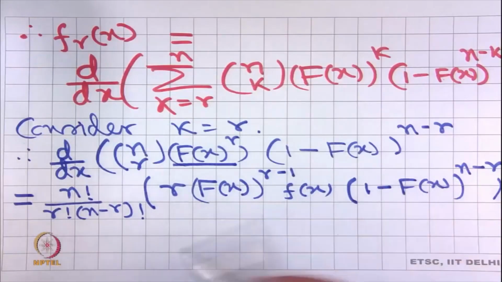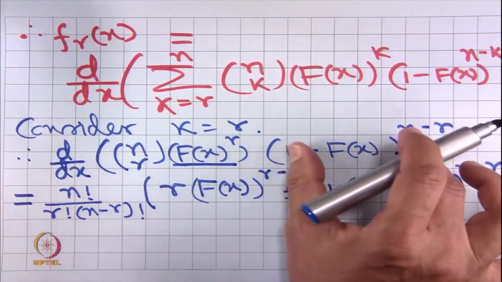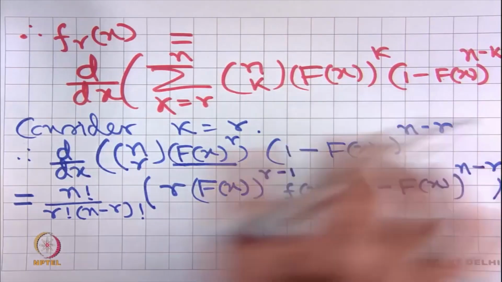Now, the second term is its derivative multiplied by this.